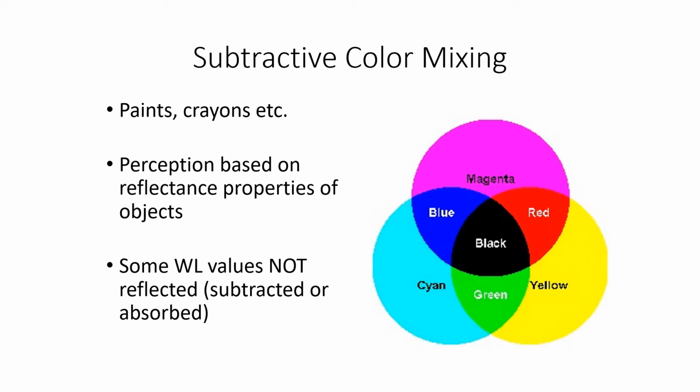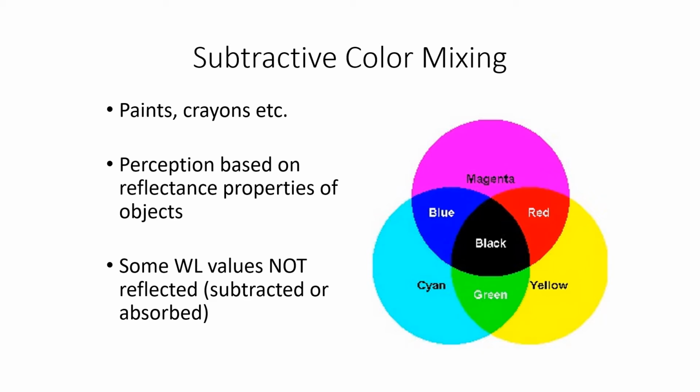Kindergarten teachers and elementary school teachers are not going to talk about these scientific words, and the idea with mixing colors is that we're adding colors together. But when we're talking scientifically, what's being subtracted or added in these labels is wavelength information, or what wavelengths are being reflected.